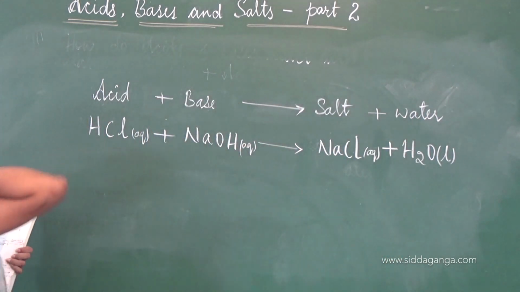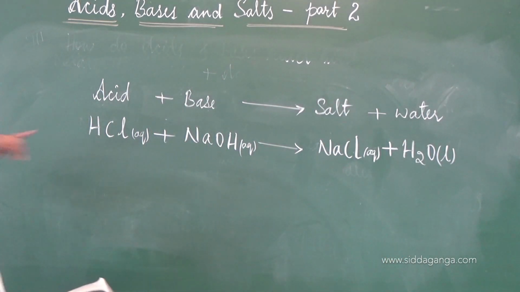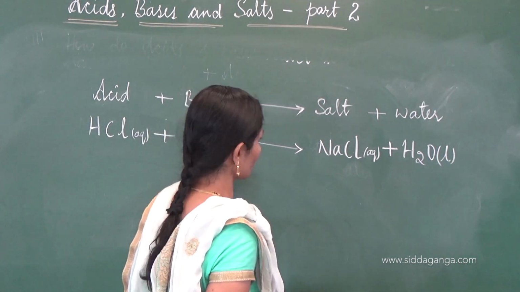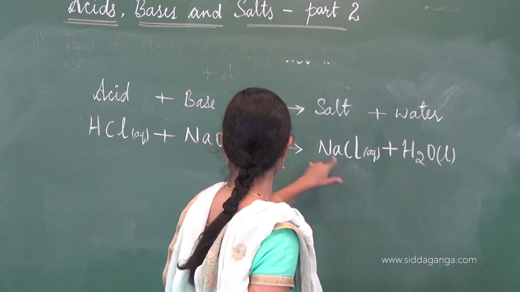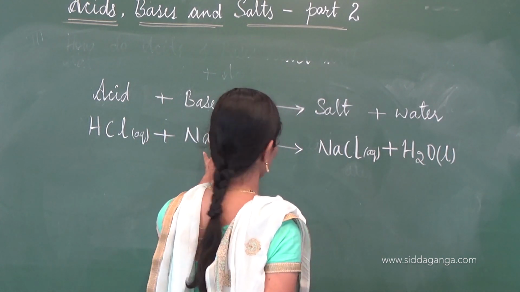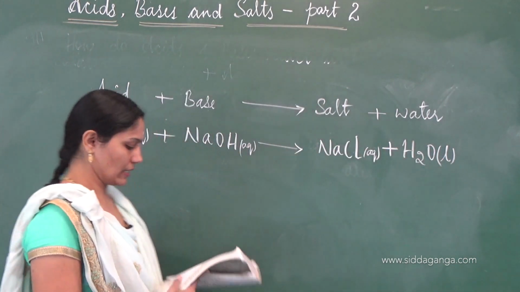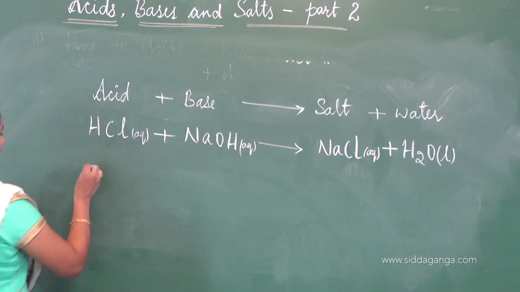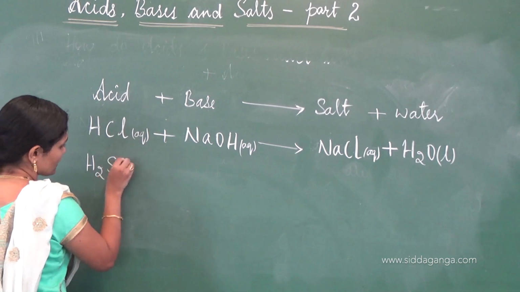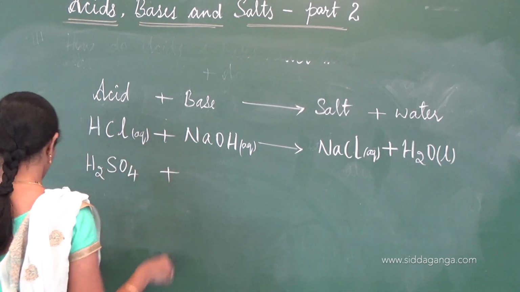See whether the equation is balanced. Hydrogen is 1 and 1, 2, hydrogen is balanced, chlorine is also balanced, sodium is balanced, and finally oxygen is also balanced. Further, we'll write few more examples. We'll take H2SO4 acid, sulfuric acid.